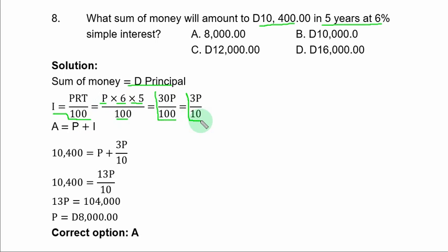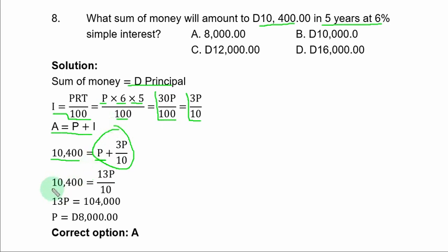That is the interest. Now in simple interest, amount is equal to principal plus interest. Sorry, amount is 10,400. Principal is unknown. Interest is 3p over 10. So if you add these things together, you have 13p over 10.